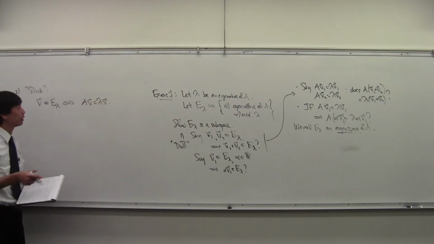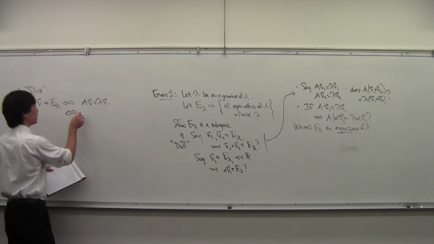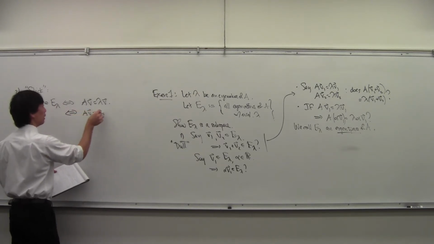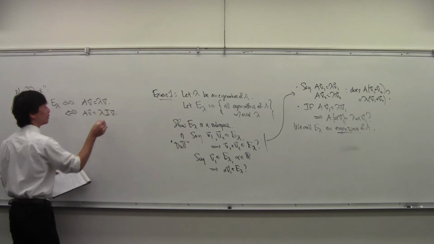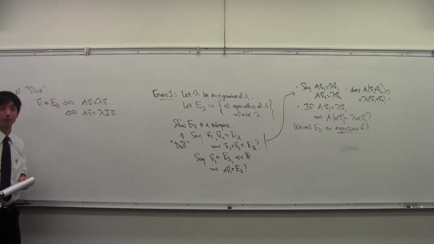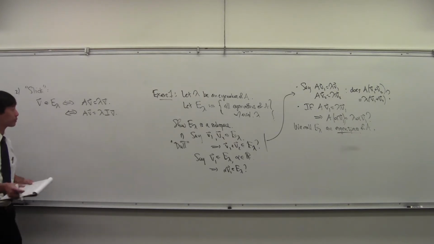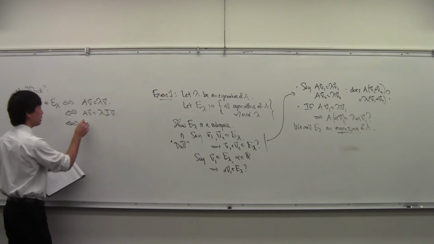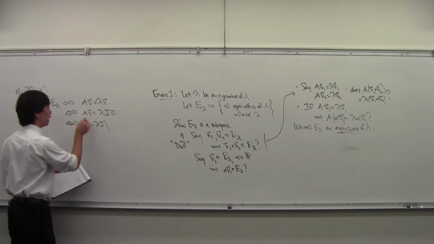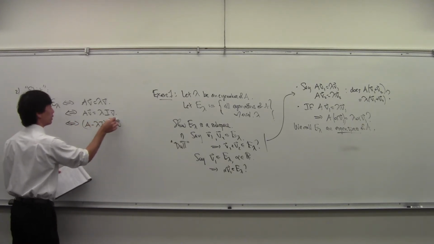Of course, that's the same thing as saying that Av equals lambda Iv. I'm going to throw in the identity matrix here. Of course, it doesn't do anything. That's the same thing as saying that (A minus lambda I)v equals 0, the zero vector.